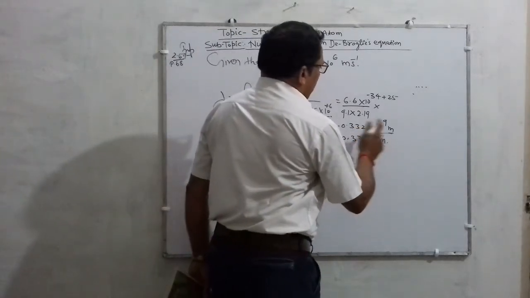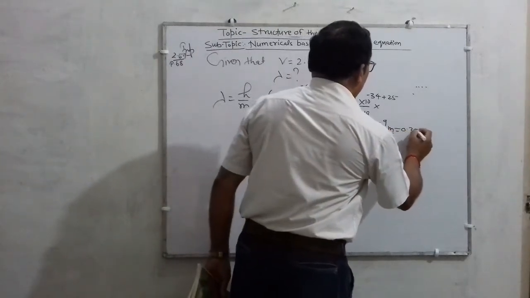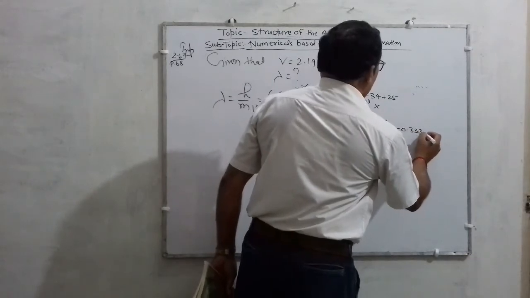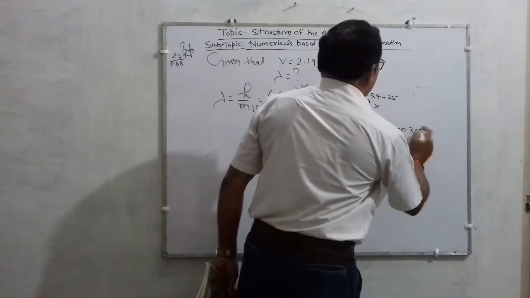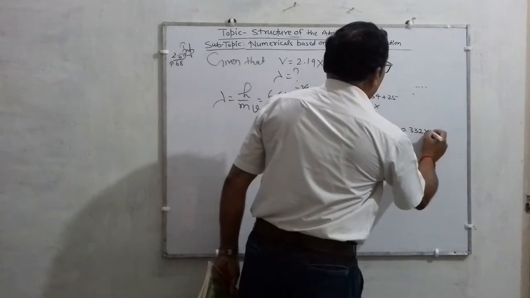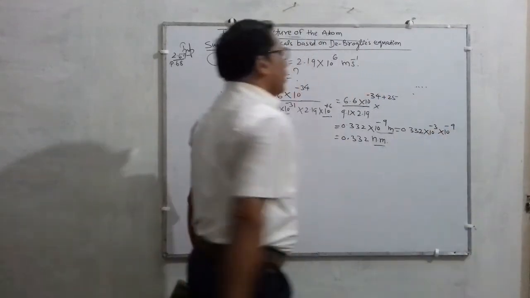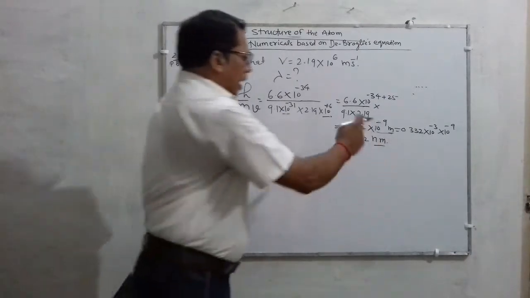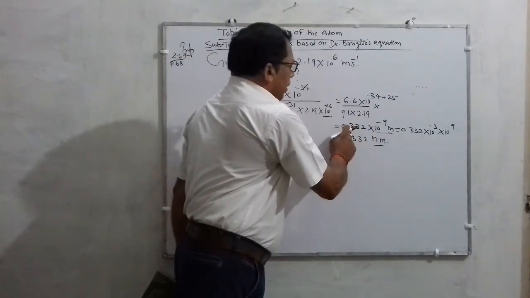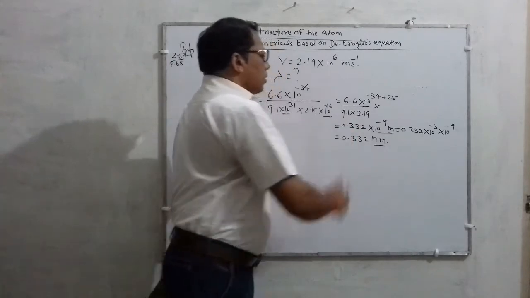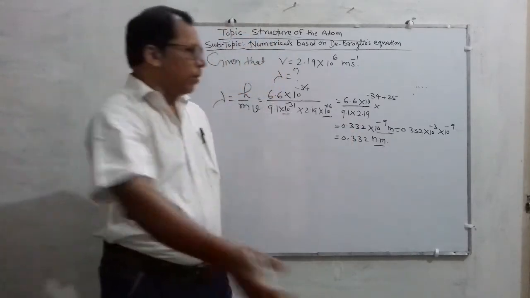And children, one more thing, if the question is asking in picometer, then no problem. This 0.332, listen, 0.332 can be written as 332 into 10 to the power minus 3 into 10 to the power minus 9. Children, it can be written; I am just removing the decimal by power.